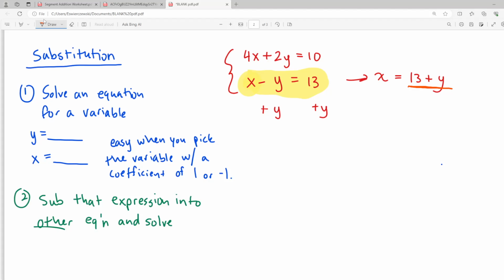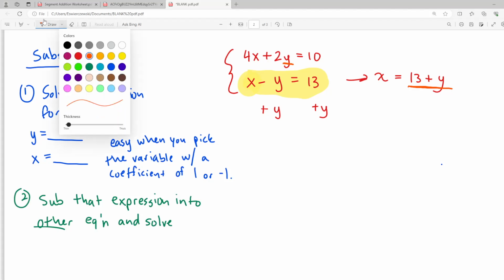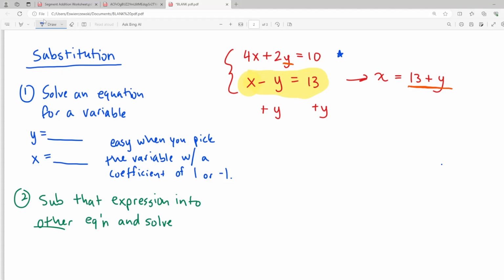I will literally rewrite this first equation, but when I see a variable, I'm going to plug this in in parentheses.